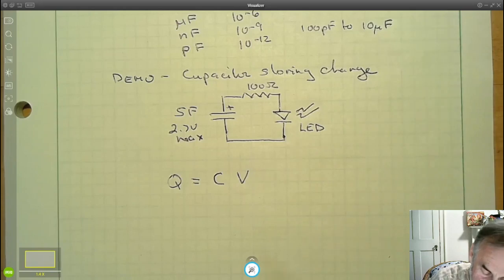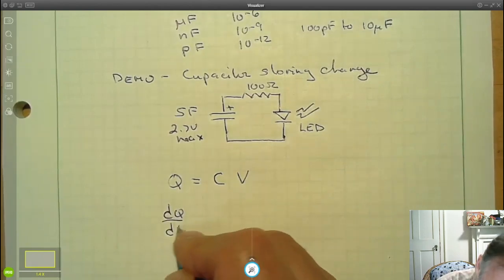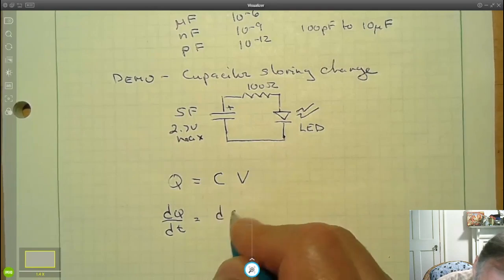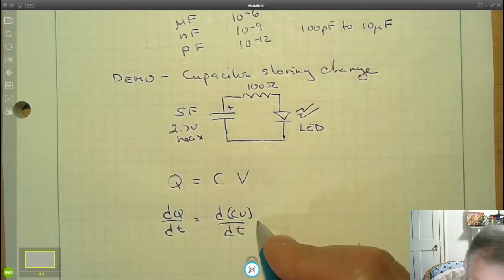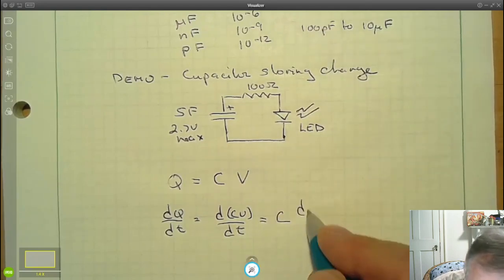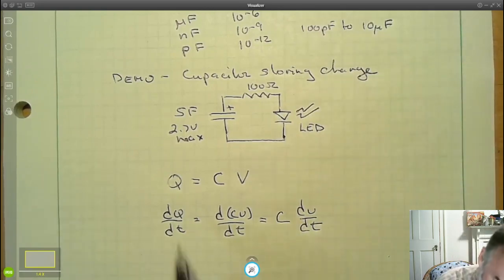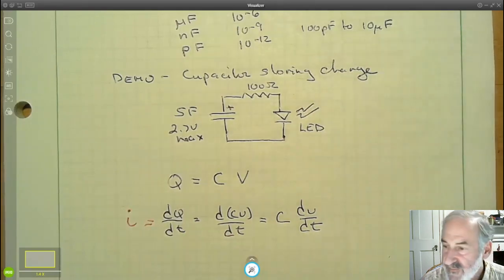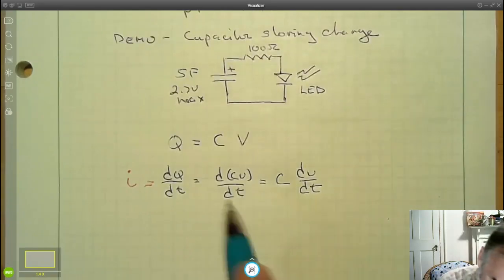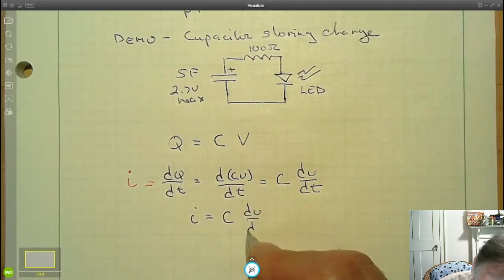Well, if we take the derivative of both sides of this equation with respect to time, we get dq/dt equals d(CV)/dt. But since C is a constant, this is equal to C dV/dt. And dq/dt is just current. So that gives us the classic equation for a capacitor in the time domain, I equals C dV/dt.